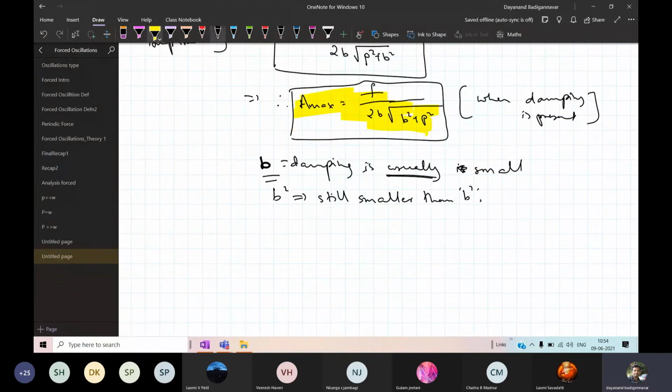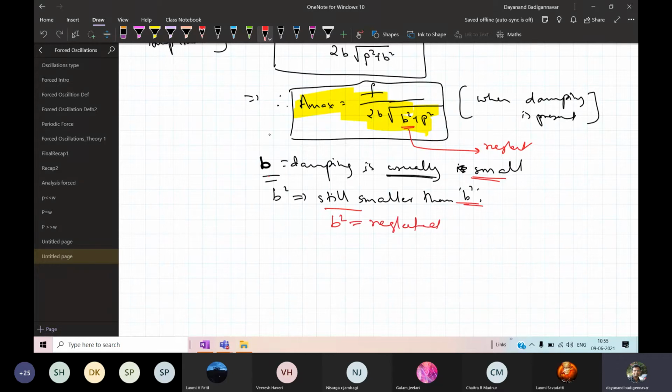Here I have b square. So this b square I can neglect. Why? Because b is small, therefore b square is still smaller than b, therefore b square can be neglected.